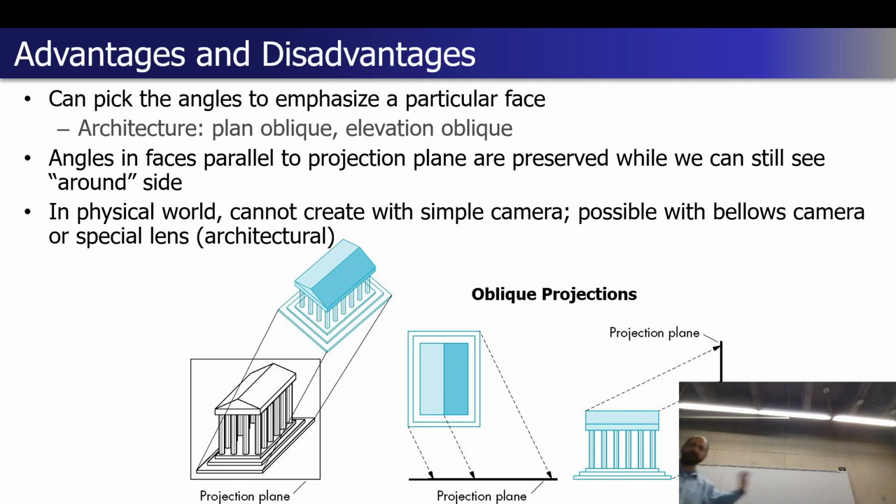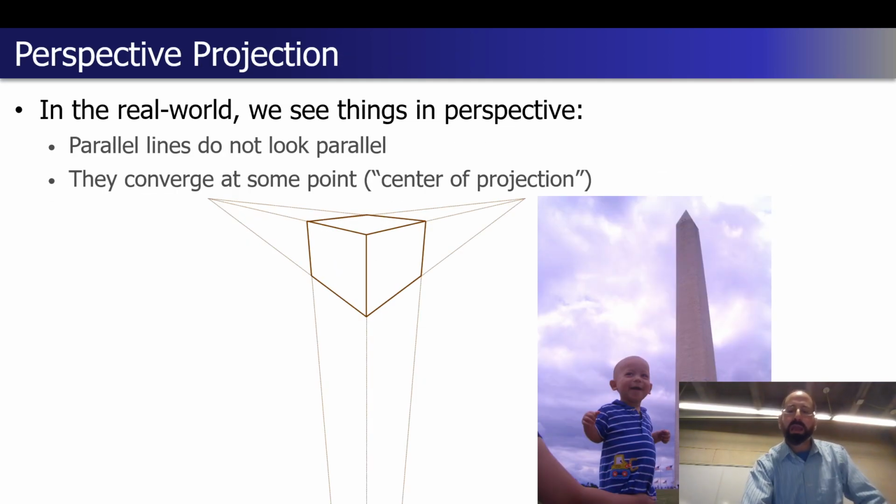Understanding them requires a little extra effort, but the end result is projected to the same kind of viewing volume. So the actual hardware required, what happens when we process our vertices, is effectively identical no matter which type of projection, perspective or parallel, we decide to use. Right, so in the real world we see things in perspective.